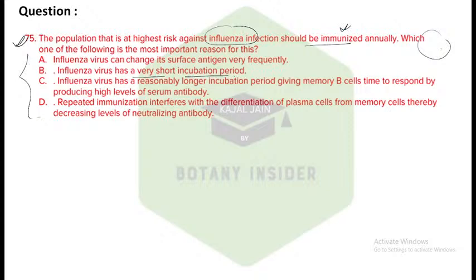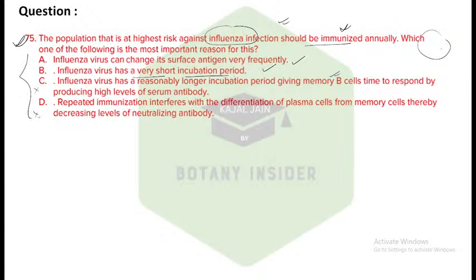Third, influenza virus has a reasonably longer incubation period, giving memory B cells time to respond by producing a higher level of serum antibody. And fourth one, repeated immunization interferes with the differentiation of the plasma cells from the memory cell, thereby decreasing the neutralizing antibody. See, the third and fourth statements are very illogical according to what is asked from us.